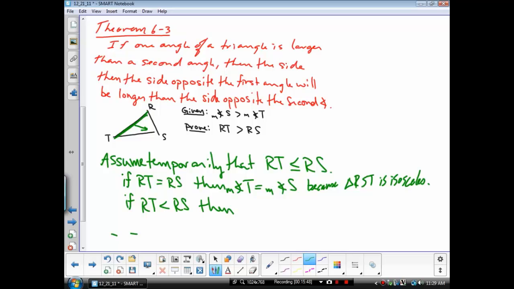That it has to be smaller, right? So angle S, which is opposite the shorter side, must be smaller than, and the longer side then would be RS. So here is RS, the angle opposite that is angle T. So measure of angle S is less than measure of angle T. And this is by Theorem 6.2, the one we just looked at.